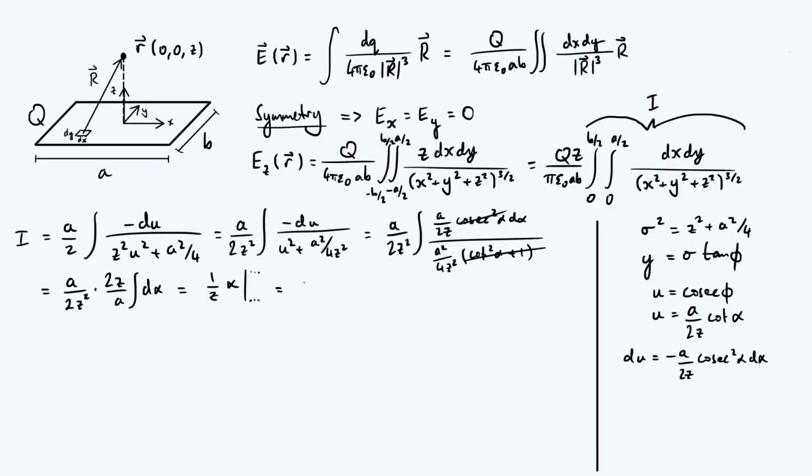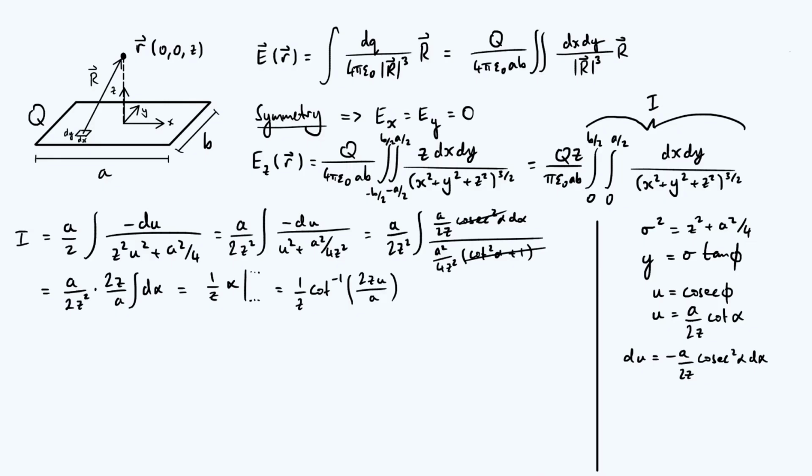So what can we do with this? Well, we've got 1 over z. Alpha, we can use the definition of alpha, u equals a over 2z cot alpha, to write alpha in terms of u as a starting point. So we've got inverse cot of 2zu over a directly from that definition. So we're getting closer.